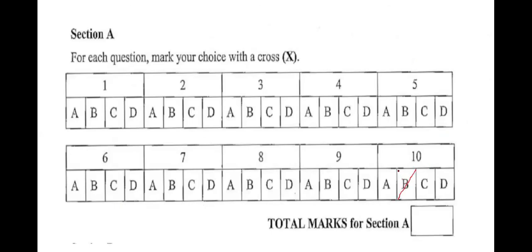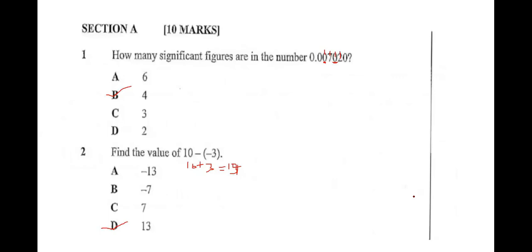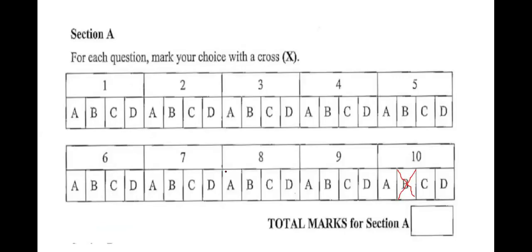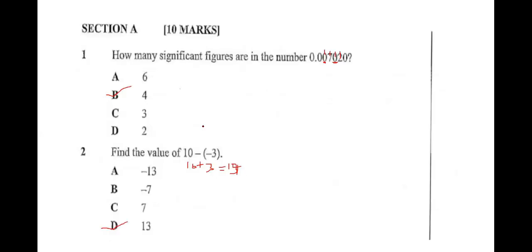Number 1 was also B, number 2 was D. So you mark number 2 here as D. Okay, you mark your answers. That is how you do it.